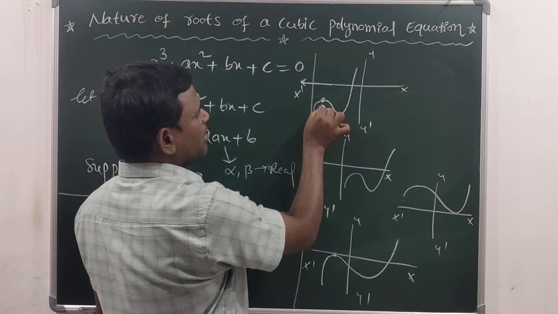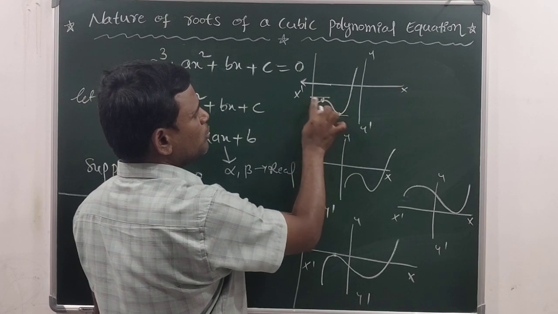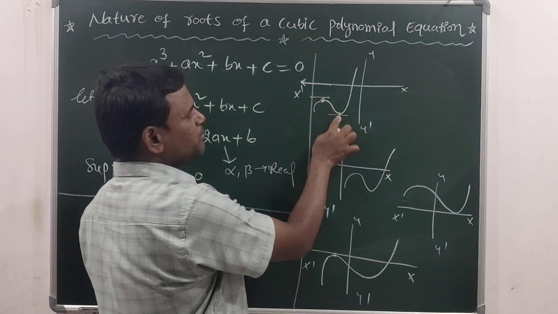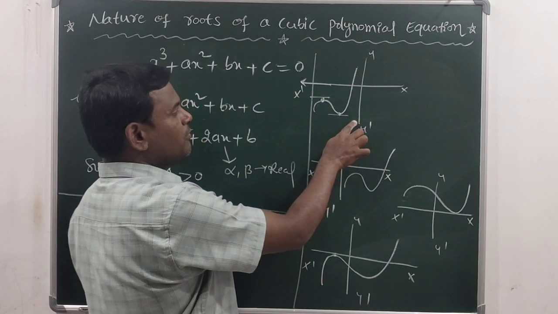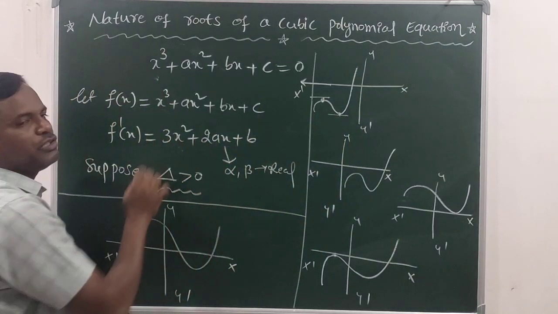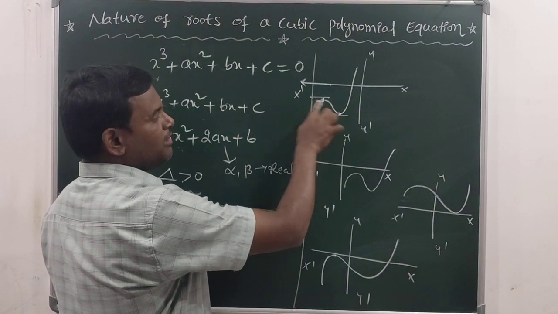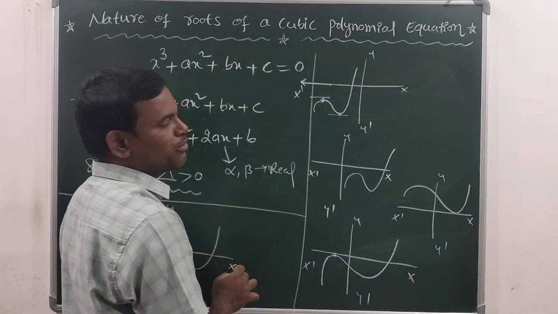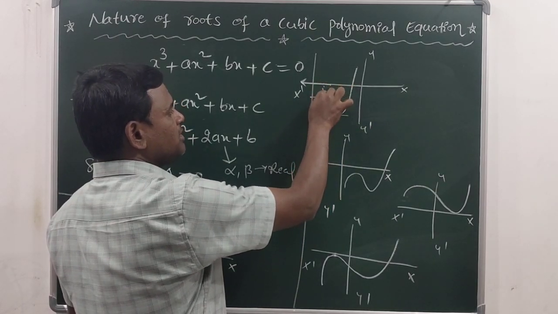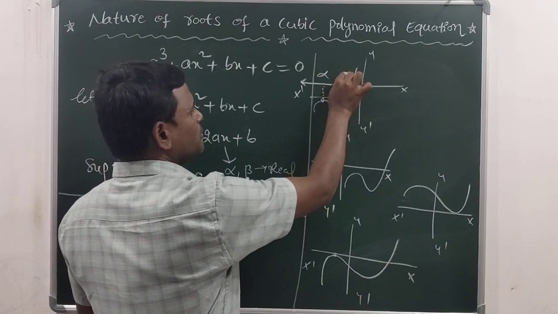Here if you draw tangents at this point and at this point, both are horizontal. At these points the first derivative of this function becomes 0. Hence the lines are parallel to the x-axis, which means their slopes are equal to 0. So here you have to take this as alpha and this as beta. No confusion.